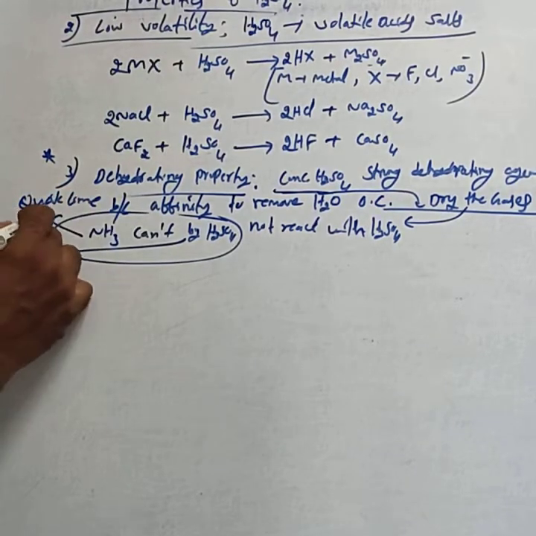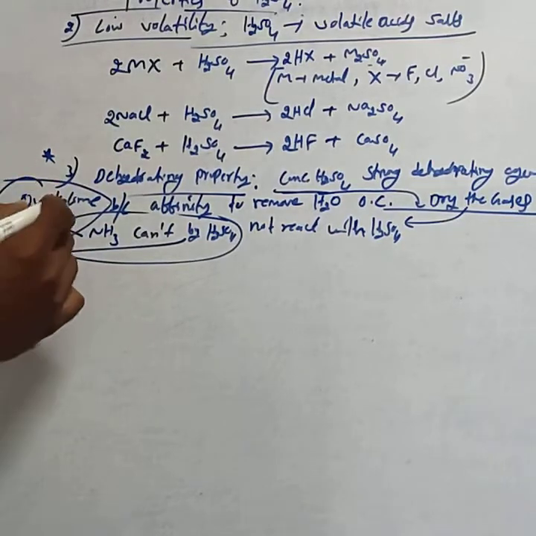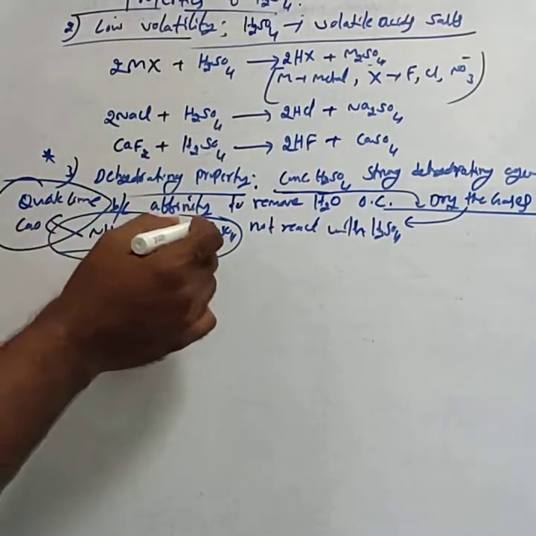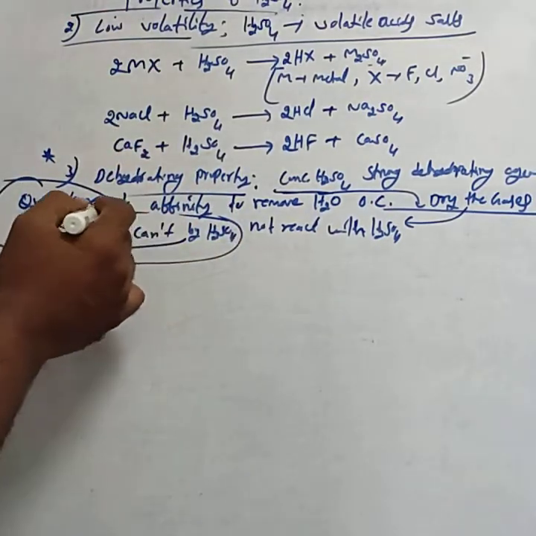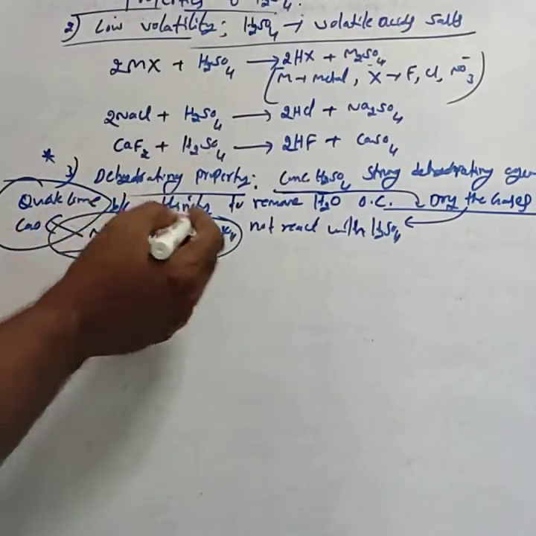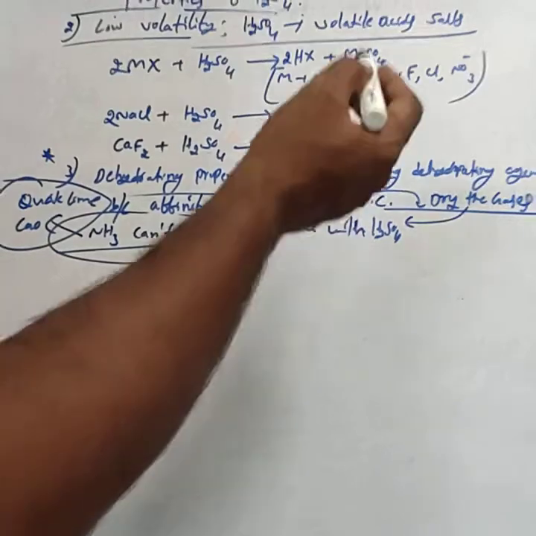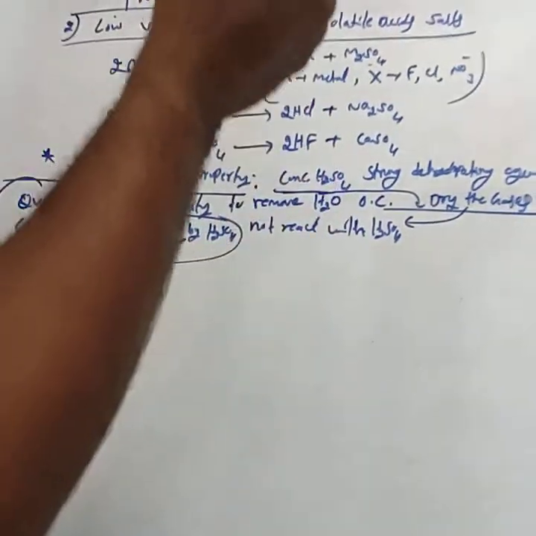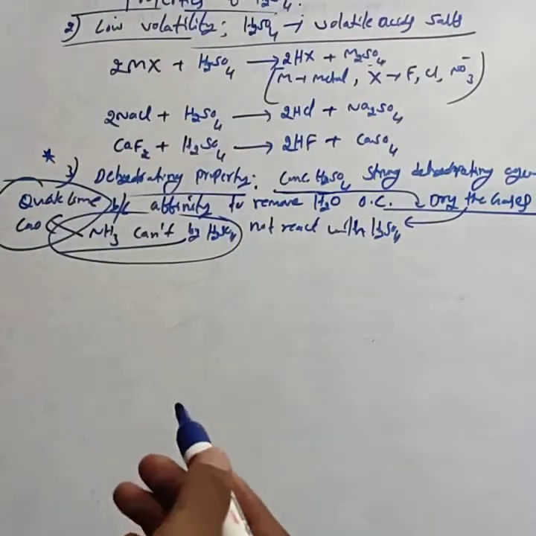Quicklime means CaO, important for competitive exams. Quicklime is used to dry ammonia, but not sulfuric acid. The main reason is ammonia is basic in nature and sulfuric acid is acidic in nature, so they react easily. Generally, sulfuric acid is used as a drying agent with gases which do not react with it.